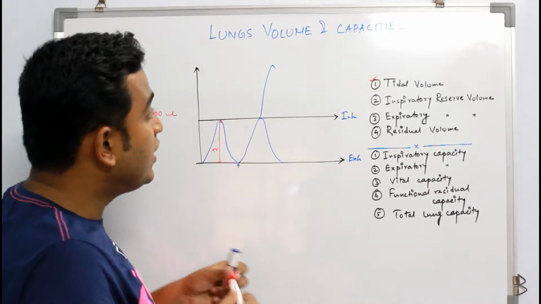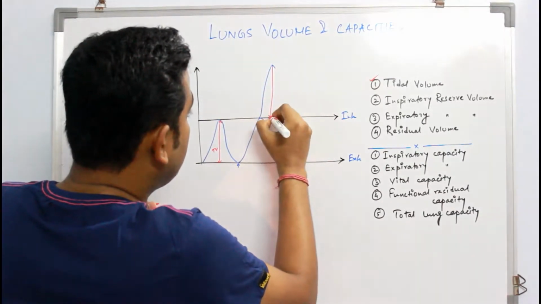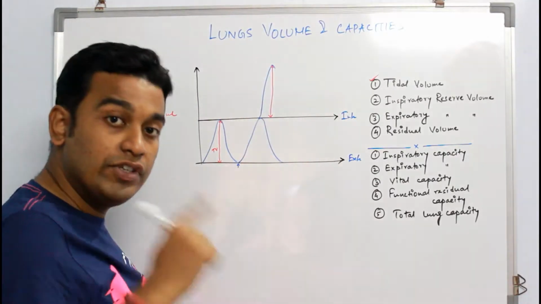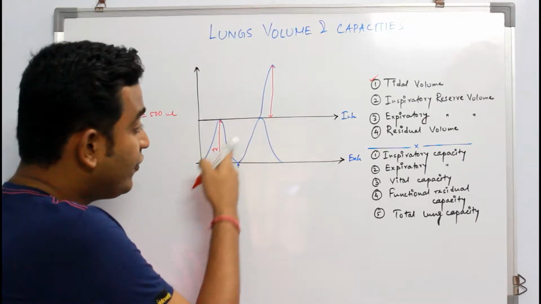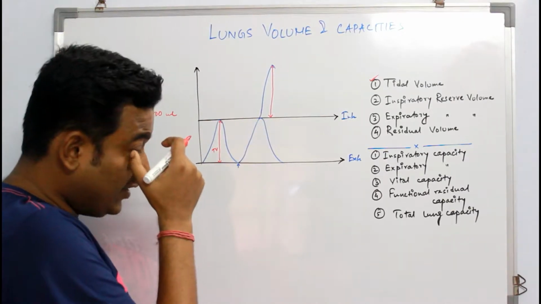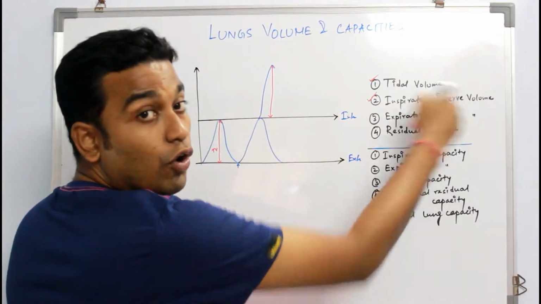So can you see one thing, guys? This is something you have got here. This extra amount of air which you have inhaled right after the normal inhalation, this is what you call inspiratory reserve volume.